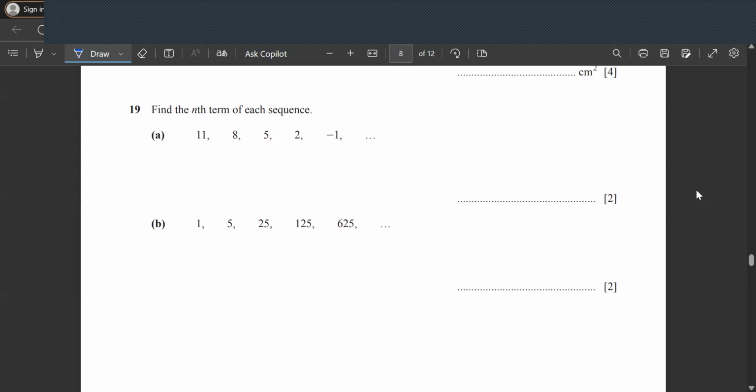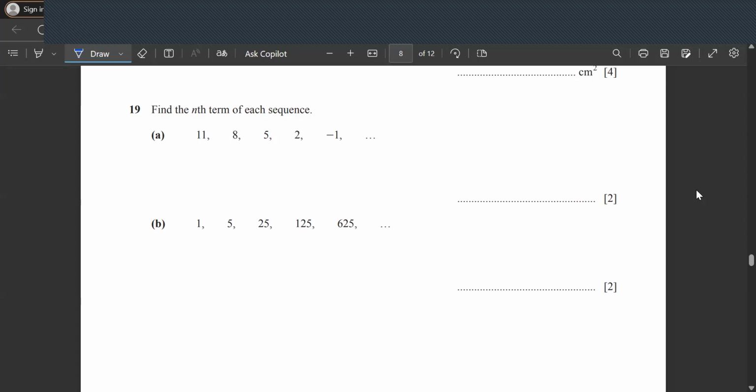I think it's arithmetic. Yes, if it is arithmetic and you find the common difference is the same, go direct. You get a and d, substitute in the rule, which is a plus (n minus 1)d.